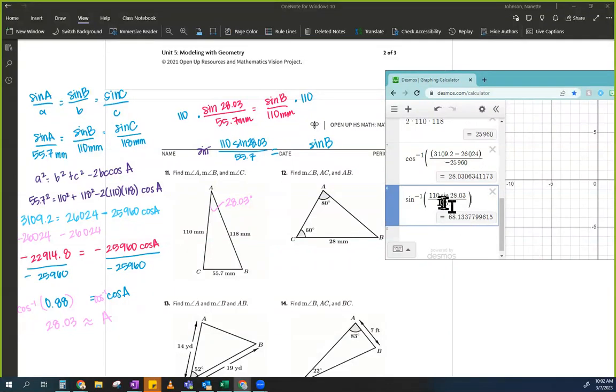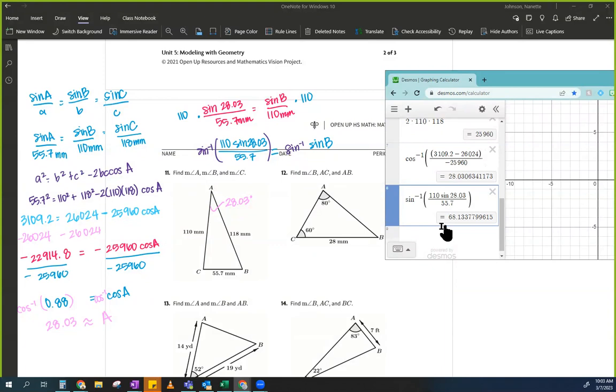Okay, so according to this, there it goes. Sine inverse. B is about 68.13 degrees. So I write that there.